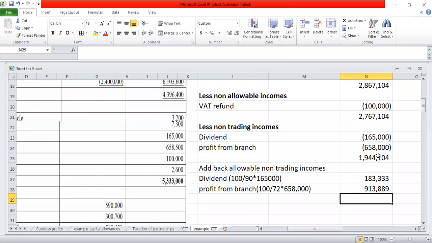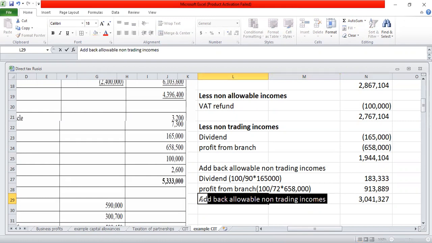So I get how much? So this is the adjusted business profit.